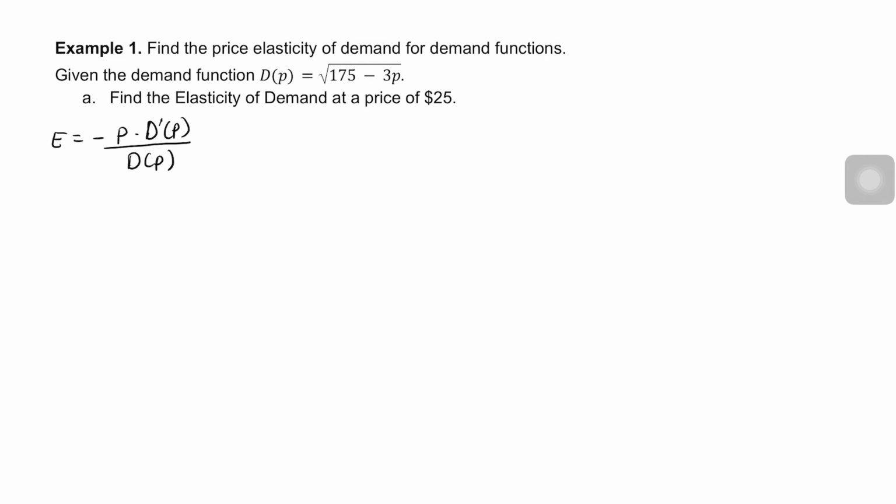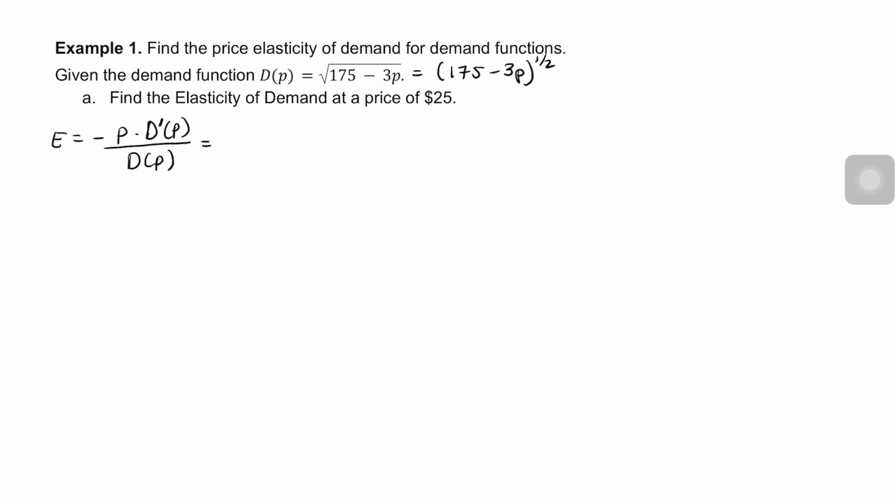If you notice, we're going to have to take the derivative of D of p, so why don't we rewrite this in power form? There you go, so that is in the power form. We could do some side work if we want to. This is going to take some work here, but let's go ahead and start writing this.